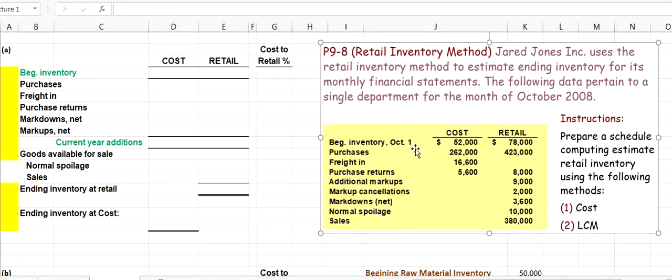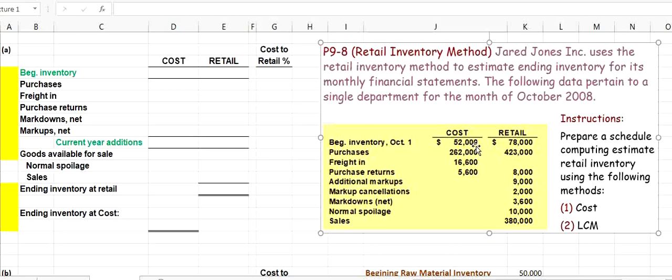Beginning inventory on the 1st of October: we have an inventory available in our books of accounts, and the purchase price of that inventory is $52,000, which means we have paid $52,000 for this inventory.